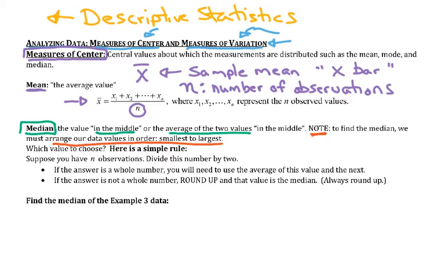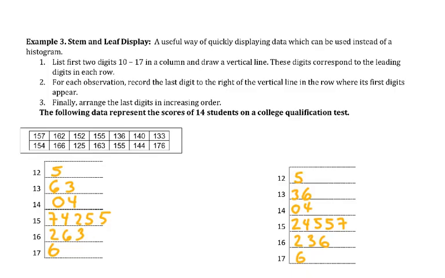Now, to find the median of the example 3 data, that's over here. Remember, that was the 14 students' test scores. So N equals 14. You probably realize that there is not going to be one number that is exactly in the middle because we have an even number.